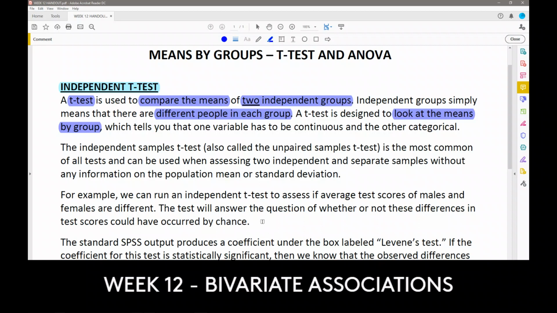That is the only type of variable that you can generate an average for. So if a t-test is designed to look at the means of a variable, that should tell you right off the bat that one of your variables has to be continuous. And if we are assessing the averages by group, that tells you that the other variable has to be categorical.